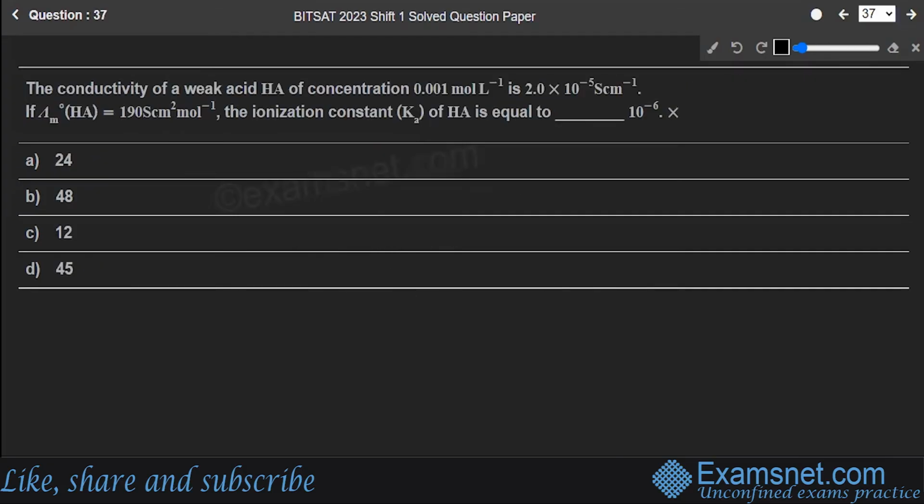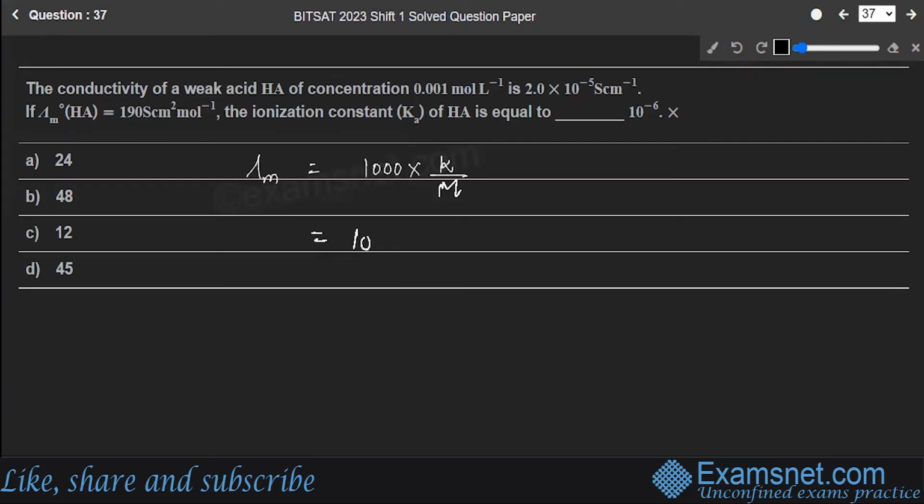Next is question number 37. The conductivity of weak acid HA of concentration this much is given by this much. If the molar conductivity for the infinite dilution for HA is this, the ionization constant Ka for HA is equal to how much? All right. So molar conductivity is given by 1000 into specific conductivity upon M, the molarity.